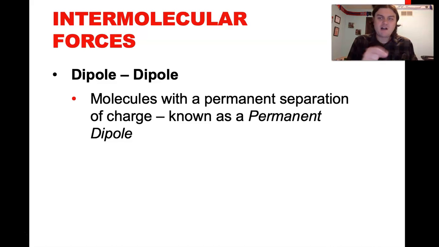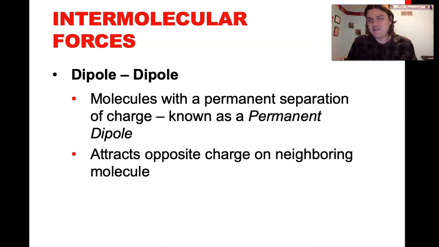So for a molecule to have a permanent separation of charge, like we said previously, two things need to be true. There needs to be a significant difference in electronegativity for two atoms that are bound together, and the shape of the molecule must allow for this permanent distribution of charge.